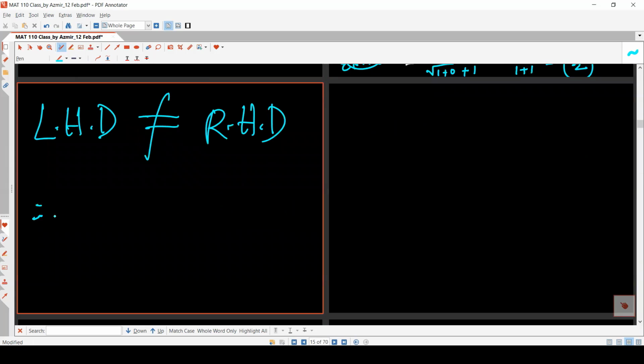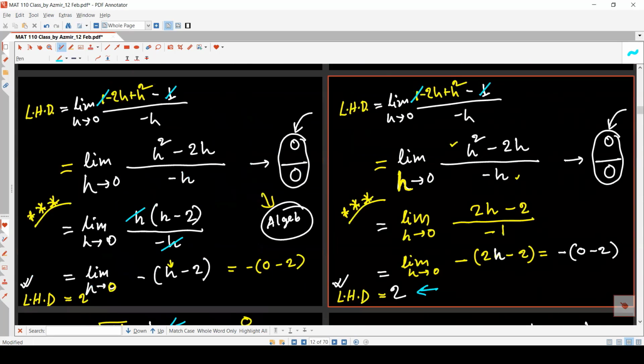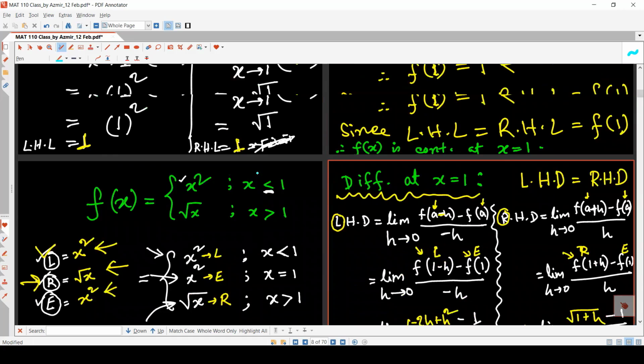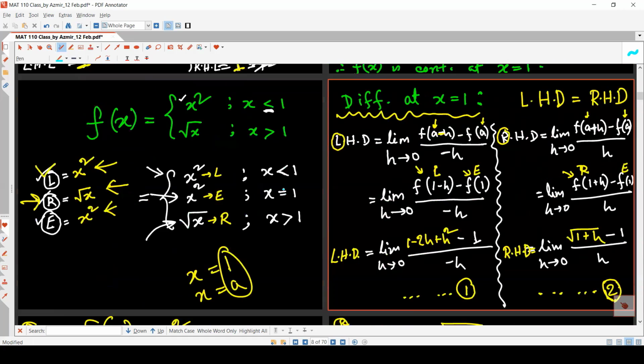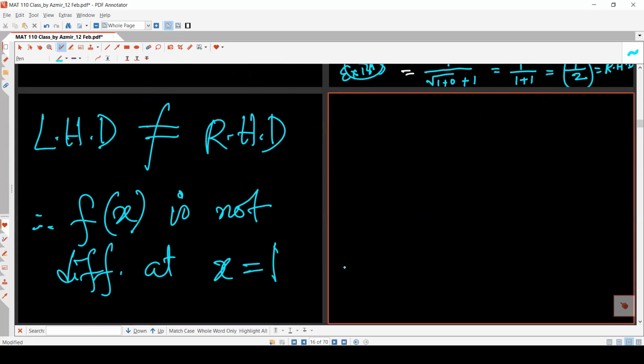So we can leave a comment. The given function, that is the main function from where we have started, is not differentiable at x equals 1. So finally, we can give another comment.